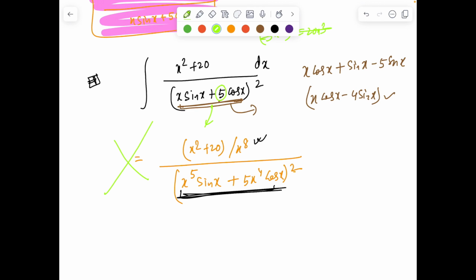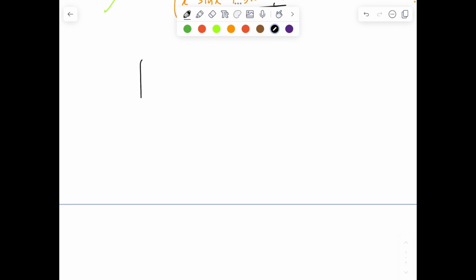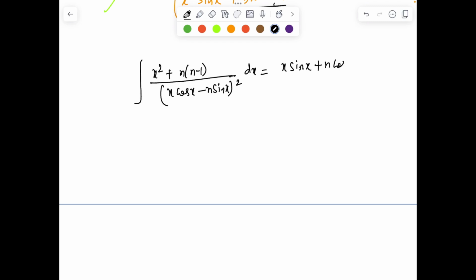In general, you can tell exactly with the determinant technique, the integration of x square plus n times n minus 1 divided by x cos x minus n sin x, the whole square dx, will give x sin x plus n cos x divided by x cos x minus n sin x plus constant.